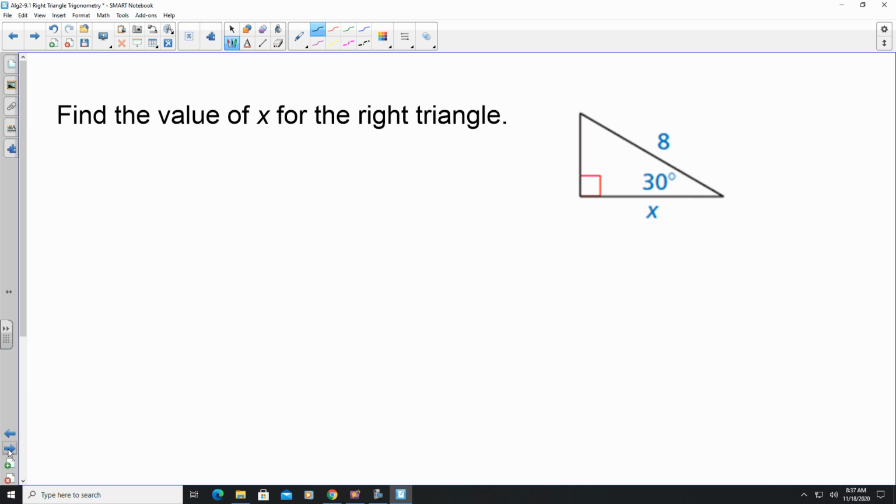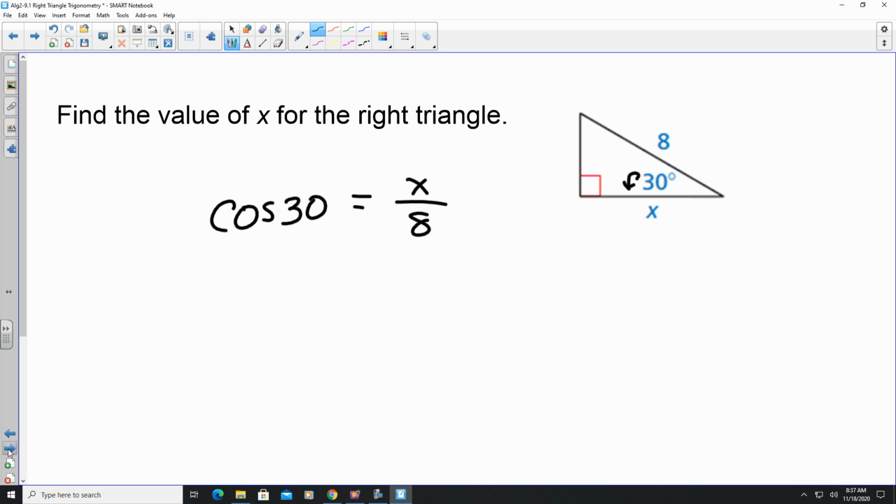Here they want you to find the value of x for this right triangle. In this case we have 30 degrees. With respect to 30 degrees, x is adjacent, and we have the hypotenuse, so we are going to be dealing with cosine. The cosine of 30 degrees equals adjacent over hypotenuse, so x over 8.